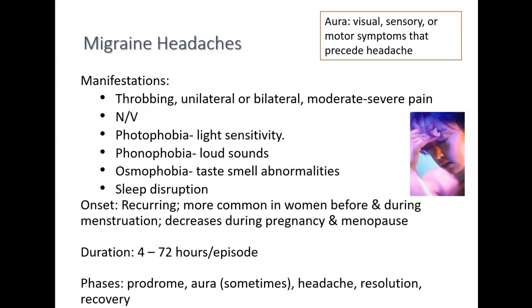Again, it could be a trigger, maybe sleep deprivation, perhaps not eating for a while, something that sets off the headache or sets you up for a headache. Then the aura, which sometimes you have. Not everyone has auras, but auras are extremely common with migraines. And then you'll get the headache, then a resolution, and then recovery.